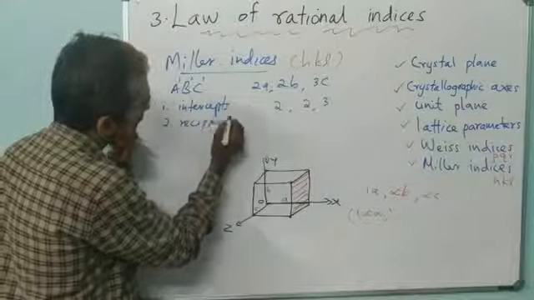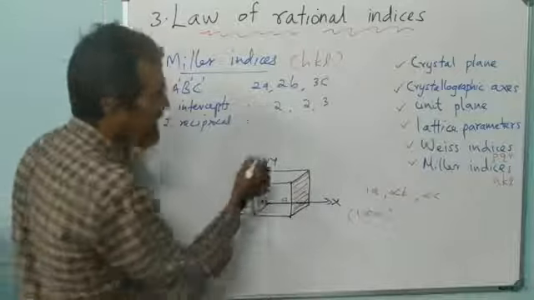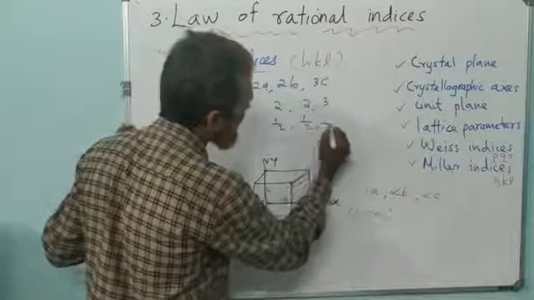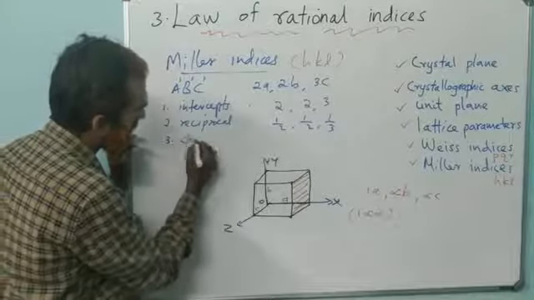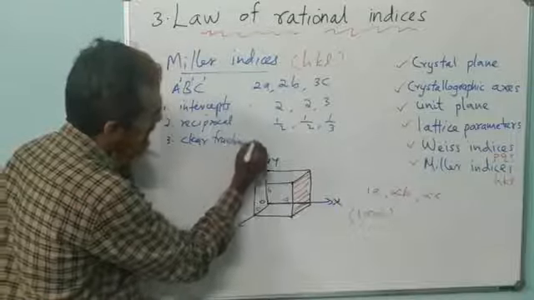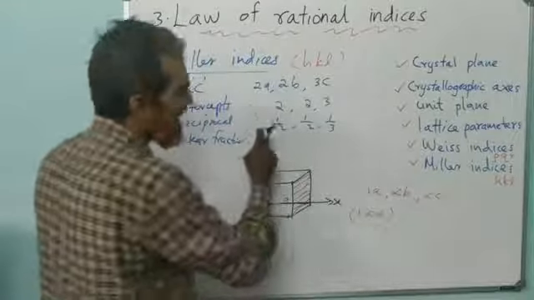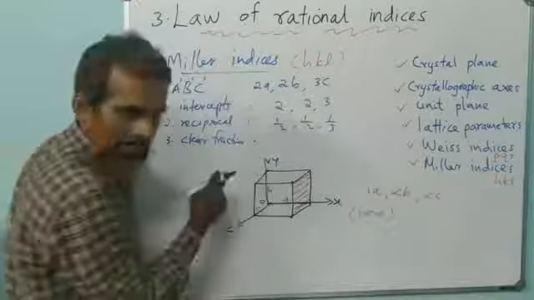Second step, take the reciprocal. To convert into the Miller index, take the reciprocal of the Weiss index. So it will be 1 by 2, 1 by 2, 1 by 3. And the third step is to clear the fractions. What common factor do you multiply by? I think it will be 6, right?